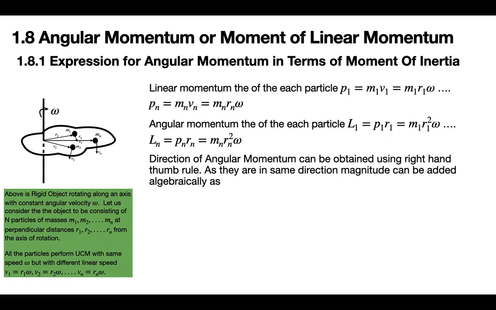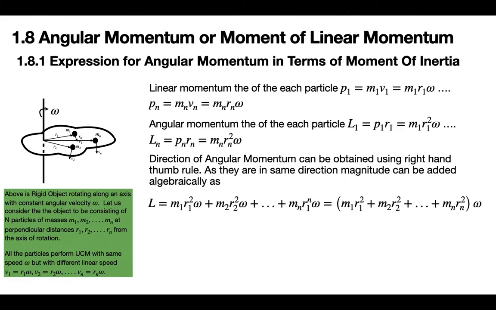The direction of angular momentum can be obtained using the right hand thumb rule, similar to the way you calculate the direction of angular velocity. As they are all in the same direction, you can add those angular momenta algebraically. L, the angular momentum of that object around that axis, is equal to m1 r1 square omega plus m2 r2 square omega up to mn rn square omega.